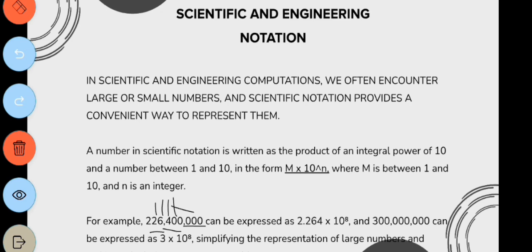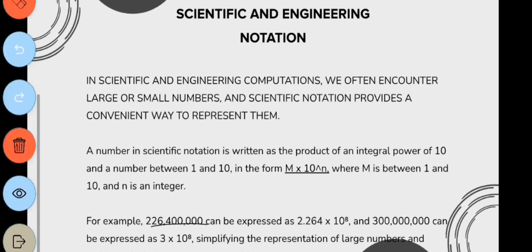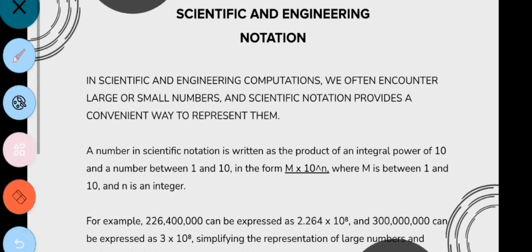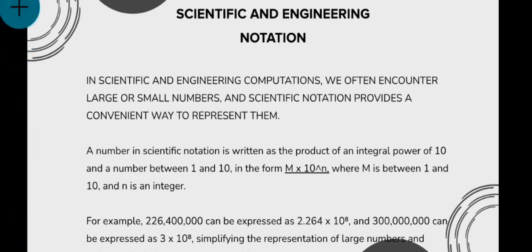That's where they get the 8. Sorry for the stuttering. And 3 billion can be expressed as 3 times 10 raised to the power of 9, simplifying the representation of large numbers and making calculation more manageable.